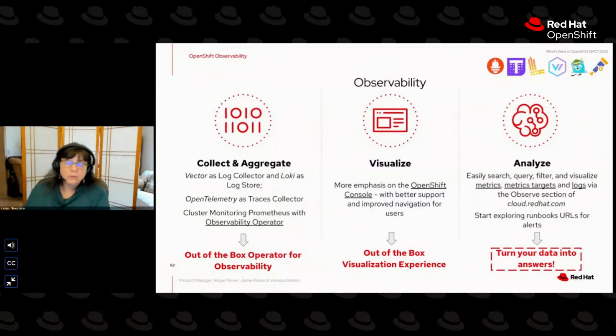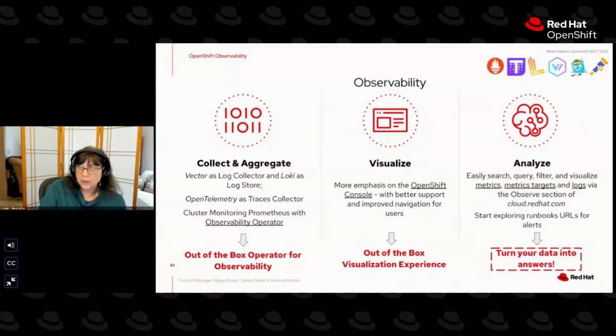Coming next is the observability operator, which provides users with a cluster monitoring Prometheus experience. We focus on the console to provide observability users the ability to easily query, search, filter, visualize metrics, logs, and metrics targets, reducing noise and enabling them to focus on the data that matters.